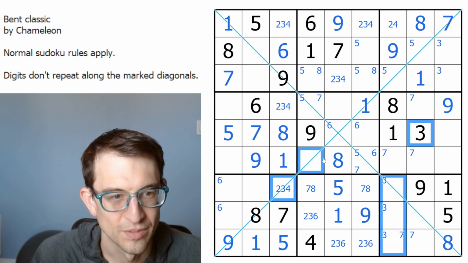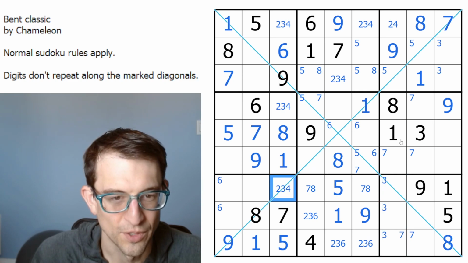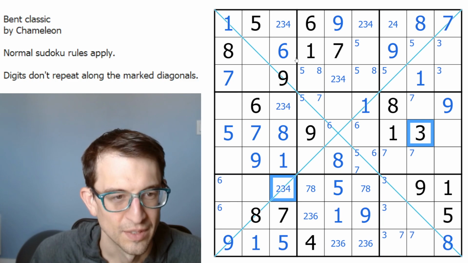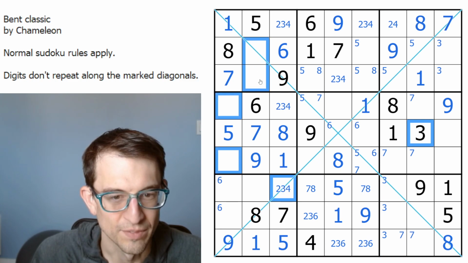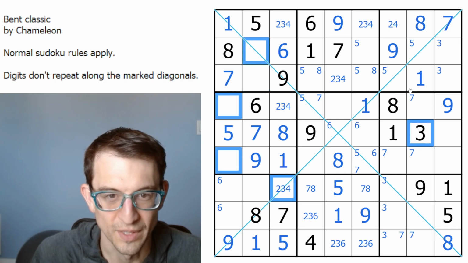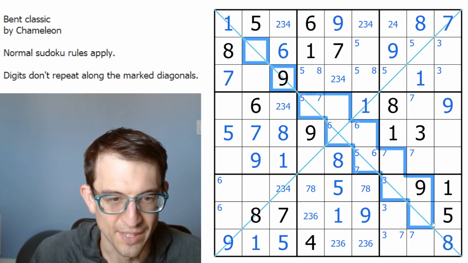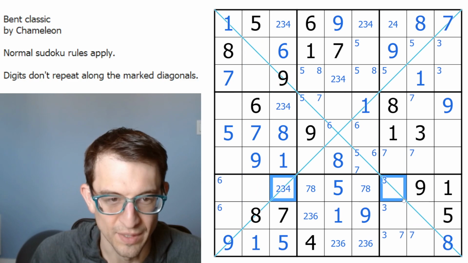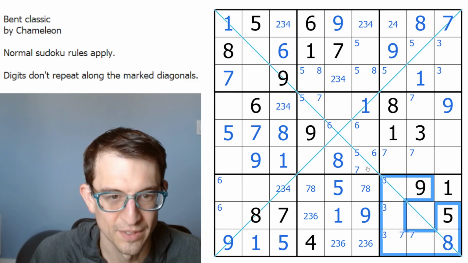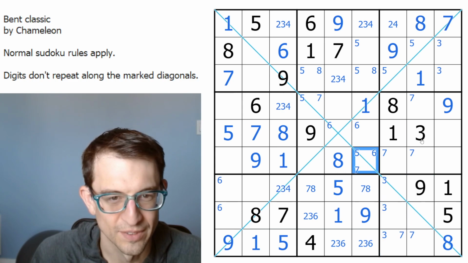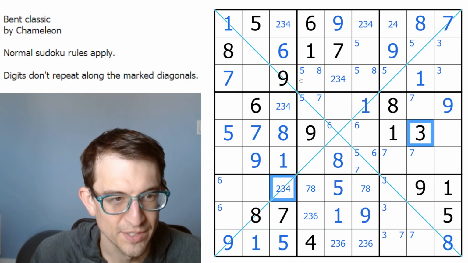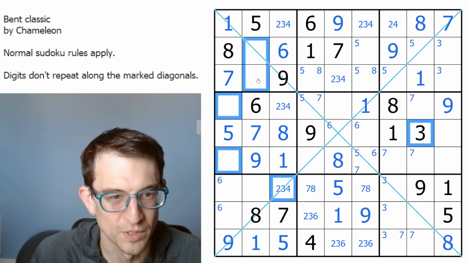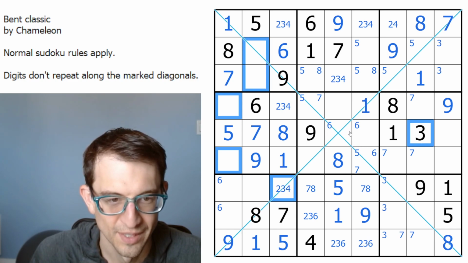Suppose, say that this were the 3. Then one of these, in fact, this one, because on this diagonal, if this is 3, this can't be, and so 3 can't go here. Or could it go here though, actually? Let's back up. If this is 3, then one of these, where does it go in the middle box?